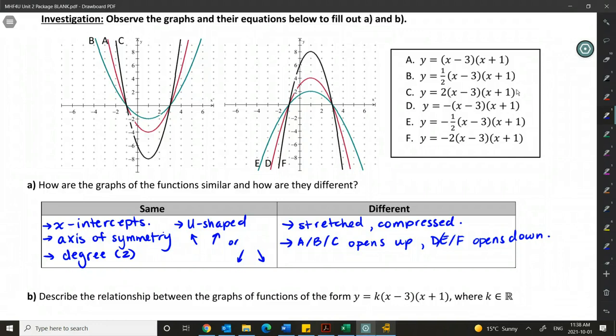What else? Any other differences? So we said they had the same x-intercepts, but they have different y-intercepts. So the y-intercepts are different. Did we miss anything that's different about them?